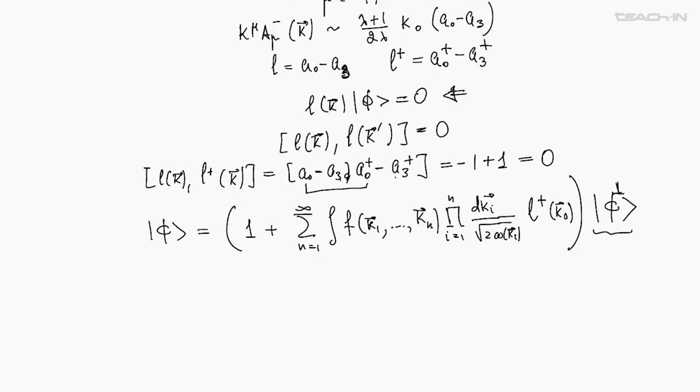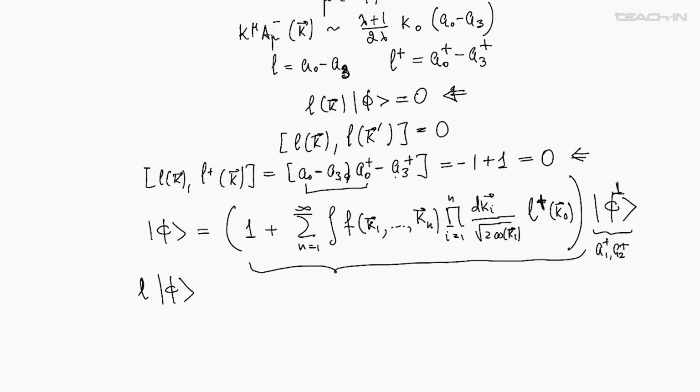Then there is this tail of oscillators created by L dagger, and if you act on this state by L, since L commutes with L dagger, as we just have seen, then L will pass through L dagger and act on phi transverse.